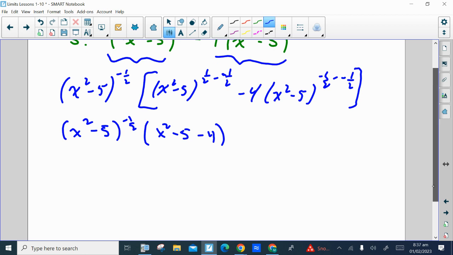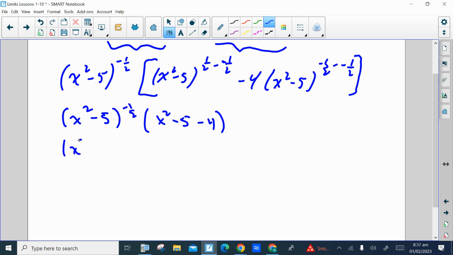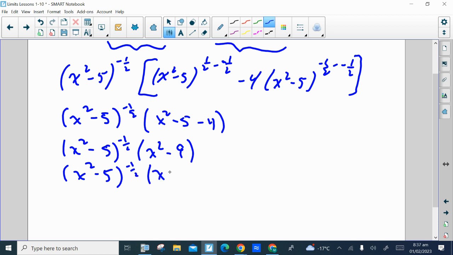And negative 5 take away 4 is negative 9. So that gives us x squared minus 9, which is a difference of squares. The factors are x plus 3, x minus 3.